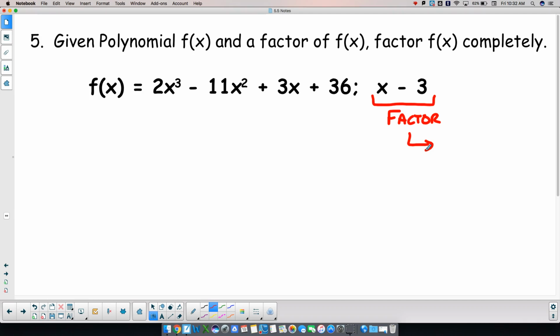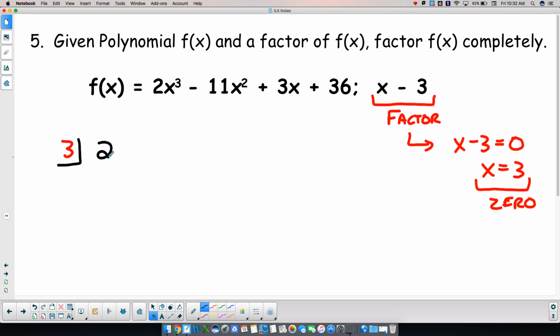How'd you come up with 3? You set the factor equal to 0, and you solve for it. So the 0 goes on the outside.